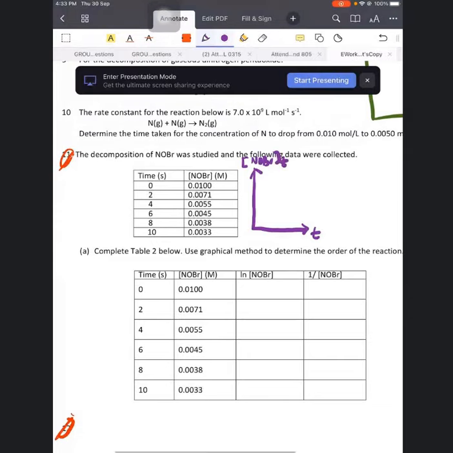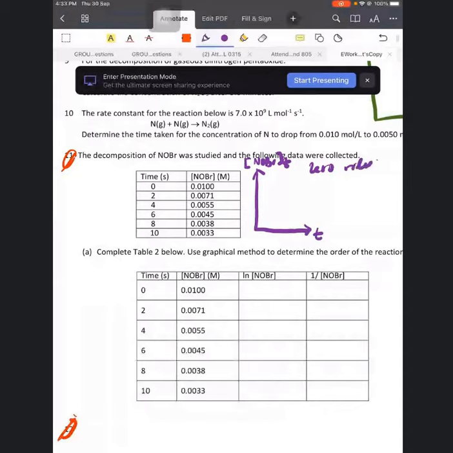Dan kalau first order, linear graph mesti ln[NOBR]t versus t. And kalau second order, graph tu mesti 1 over [NOBR]t versus t. Ini yang kita belajar sebelum ni.